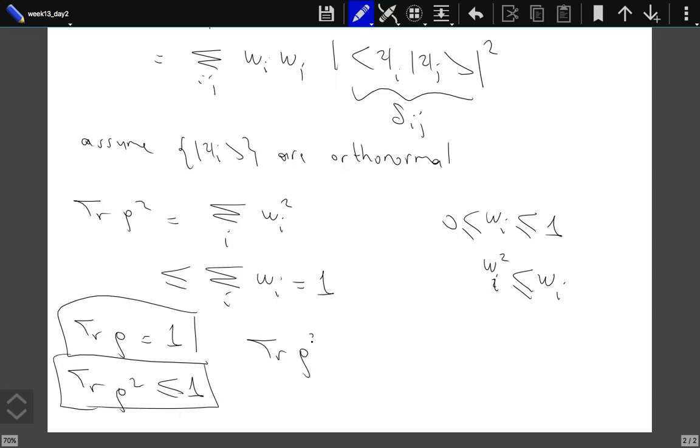And trace of rho squared is equal to 1 only if one of the omega I's is 1 and the others are 0. Only if this is the case, omega I squared is always equal to omega I, not less than, it's equal to omega I. And if omega I squared is equal to omega I, the sum over omega I is equal to 1.